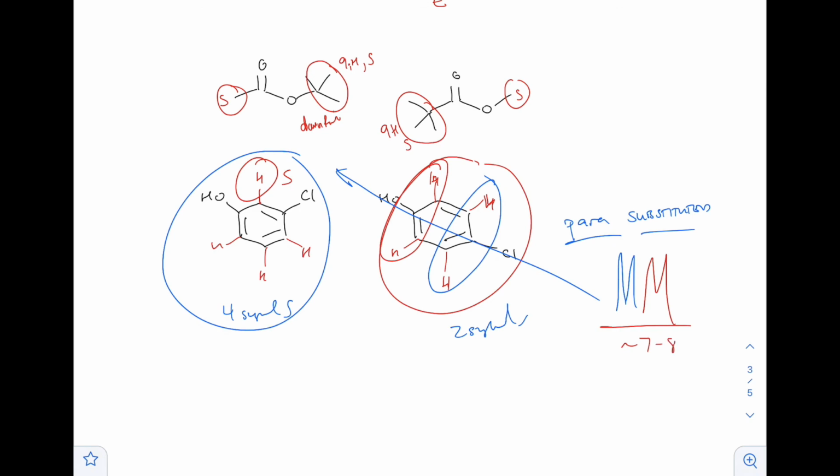And so anytime you have protons in the aromatic region, you're stoked about it because you know it's a benzene ring. But then also, if you see 2 doublets, you know it's para substituted, and you're stoked about that as well. Versus this is called meta substitution, or if you have ortho substitution, which would be right here and right here, right next to each other. Those don't have any symmetry, and you have 4 resonances that are kind of complicated for each of them, and it's not super helpful. But if you got para substituted, you're stoked.